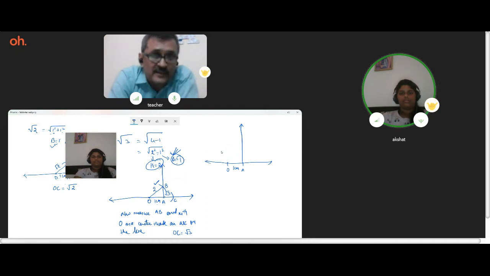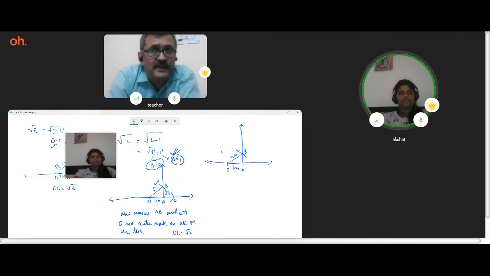You have to measure 2 centimeter in the compass and put the needle at point O. From O you have to mark the hypotenuse because this is the hypotenuse. So this will be B. Join O with B. See, OB is 2 centimeter.